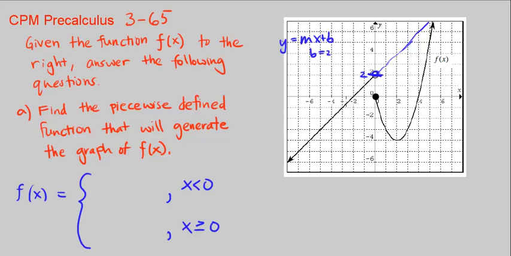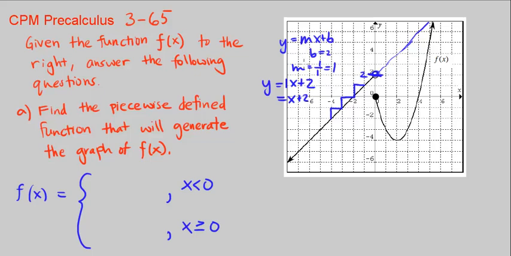And the slope, everywhere you rise 1, you run 1, so rise over run is 1 over 1, which is equal to 1. So this line is y equals 1x plus 2, that's y equals x plus 2.